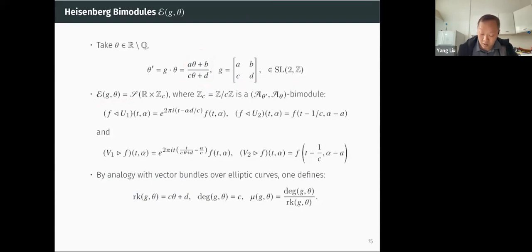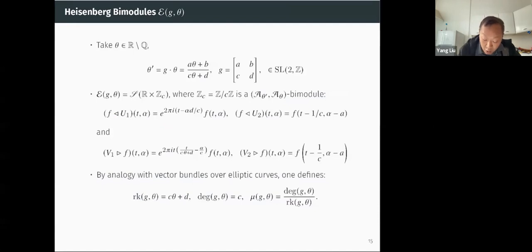Basically, you find a lattice associated to A theta and another lattice associated to A theta prime. They are perpendicular with respect to the bi-character rho. And this is the corresponding action. You can see that this is basically a modification of the Heisenberg representation.